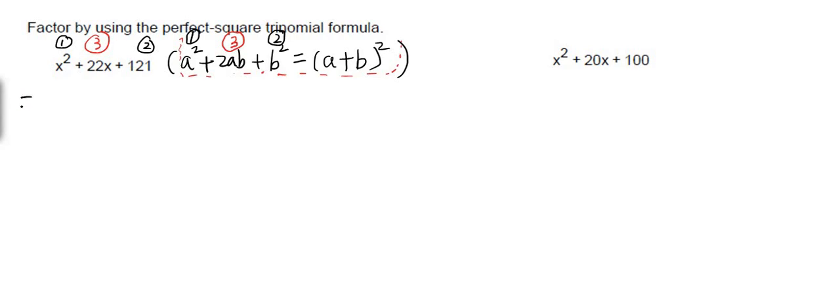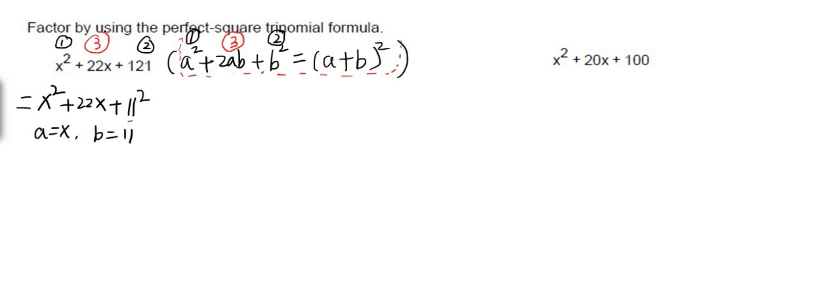So for the x square, we already have square format, so we just copy it. And for the second term, 121, we can easily tell that it can be written down as 11 square. So from this formula, we can tell a is x, b is 11. Okay, we already fixed the first term and the second term.